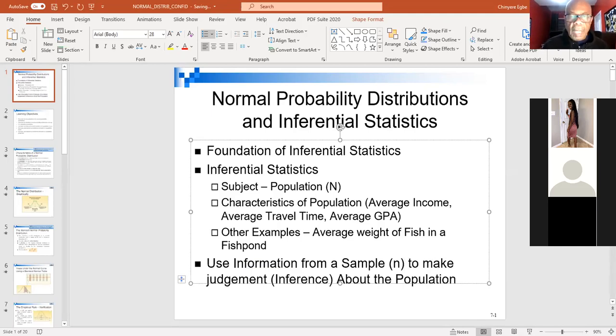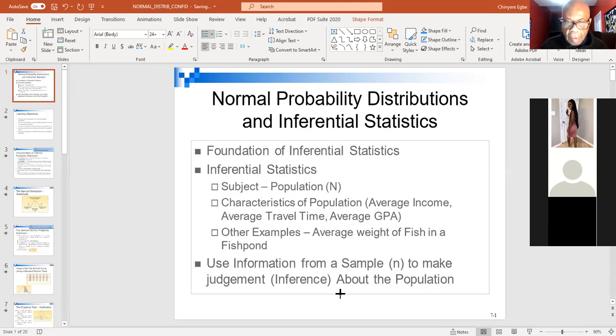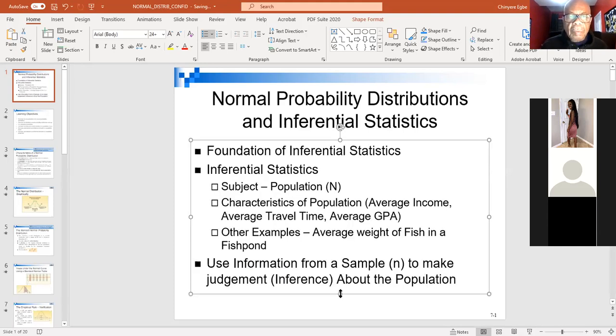Okay. Again, I'm going through this quickly because these are things that I believe you covered in your first class in statistics. So use information from a sample to make judgment or inference about the population. Now this is going to be our subject for the whole of this class.